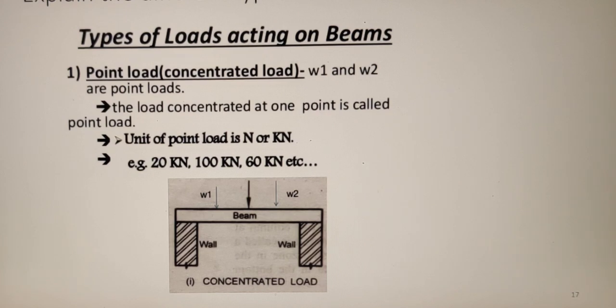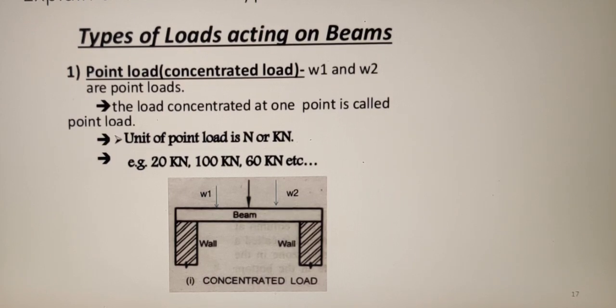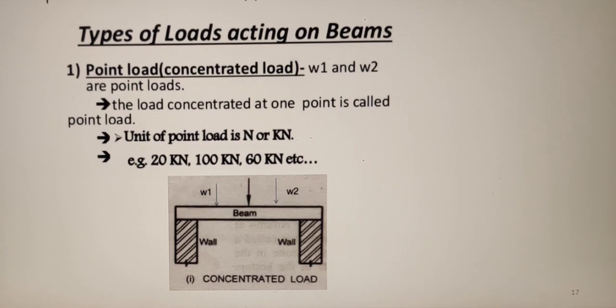This point load occupies a very small length compared to the total length of the beam. So you can call it a point load. Its unit is either Newton or kilonewton.